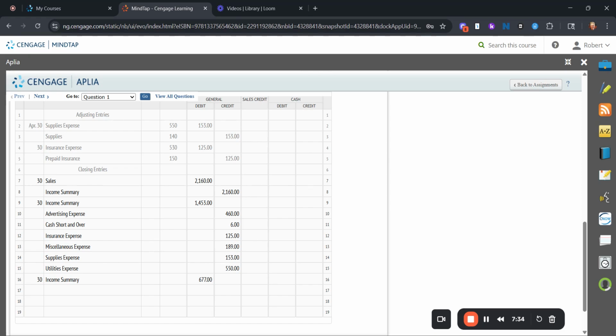And then the next entry is going to be Connor Whitney capital account. And then the income summary amount we're going to use in the credit column for this capital account entry.